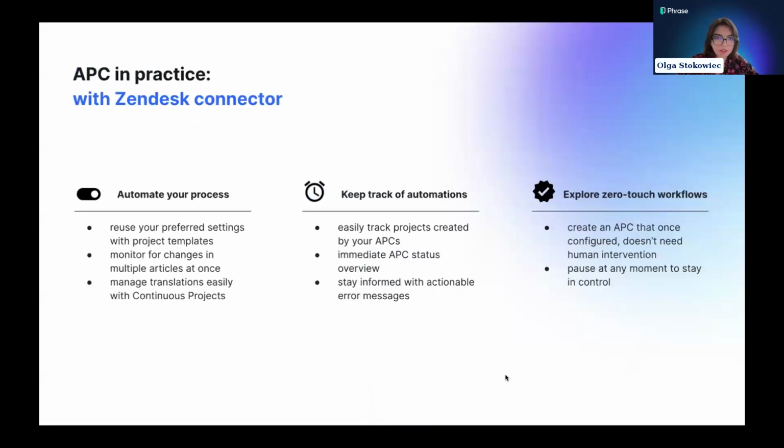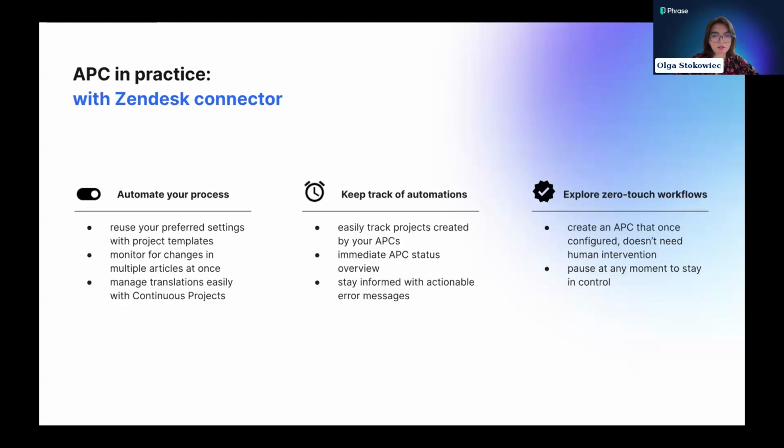So what I will touch upon now is really three themes: how to automate the process. I will go through the settings that we have, and I will show how to monitor multiple articles at once, and how to manage translations with continuous projects. Then I will show quickly how to keep track of projects created with APCs.